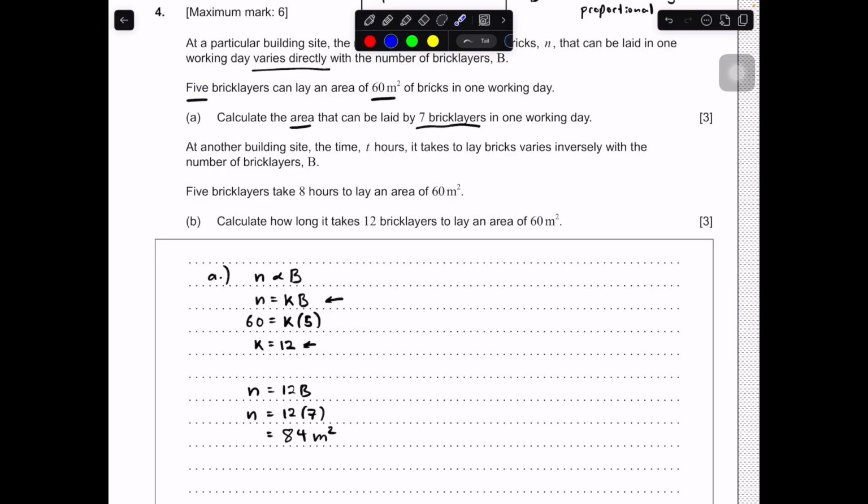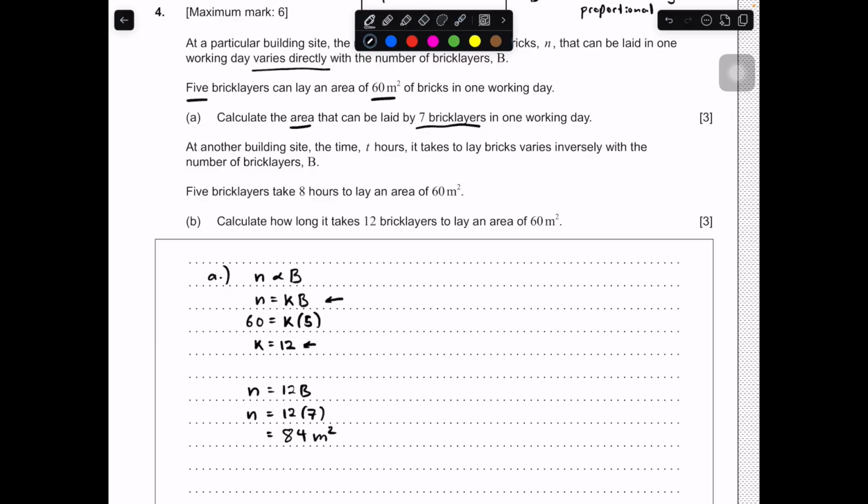They tell us that when we have 5 bricklayers, we can lay 60 square meters of bricks. And this will tell us what that constant needs to be to make that true. And this tells us that 12 is the proportionality constant in this case, or in real world terms, that for every additional bricklayer, we can lay 12 more square meters of bricks. So if we have 7 bricklayers, 7 times 12 gives us this 84 square meters.